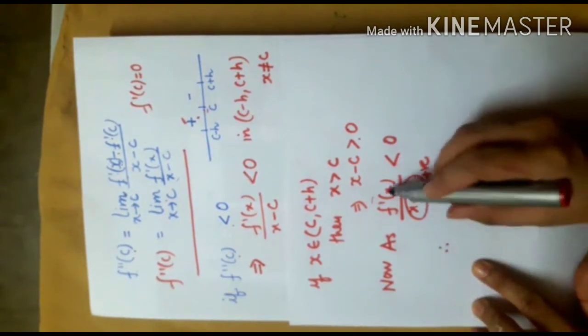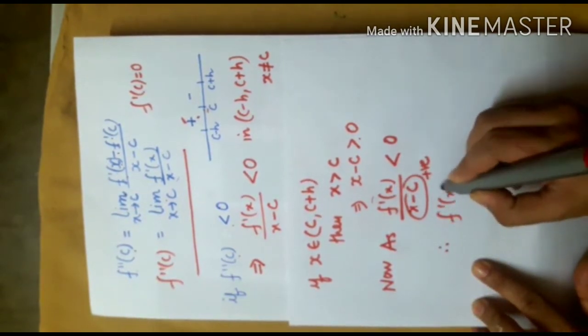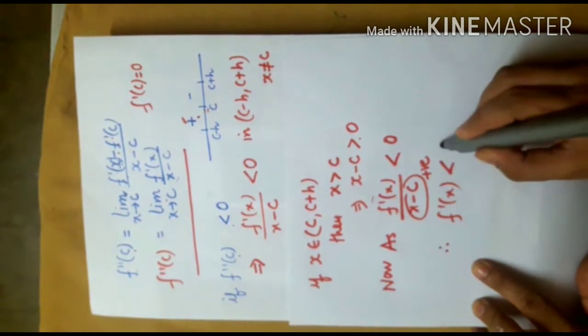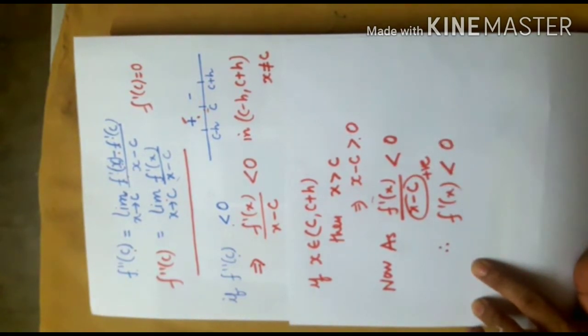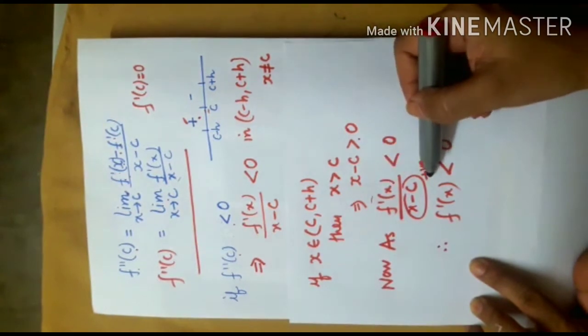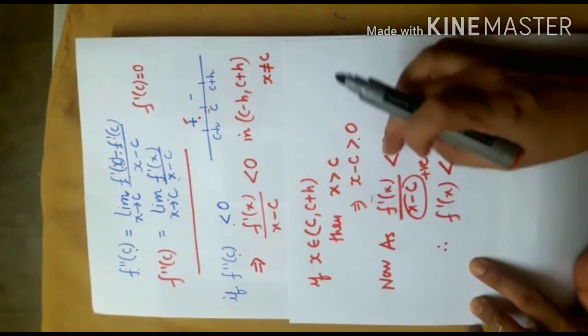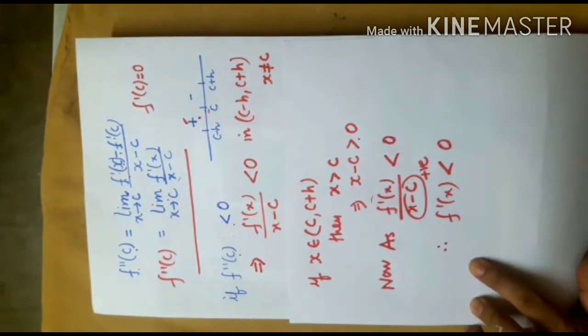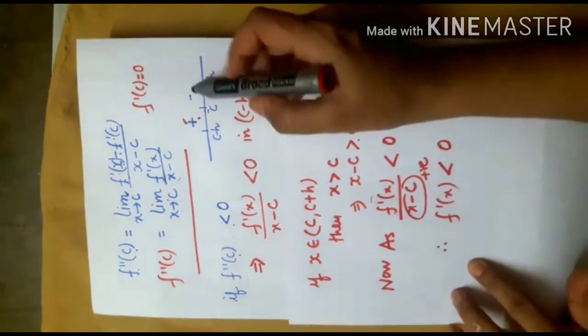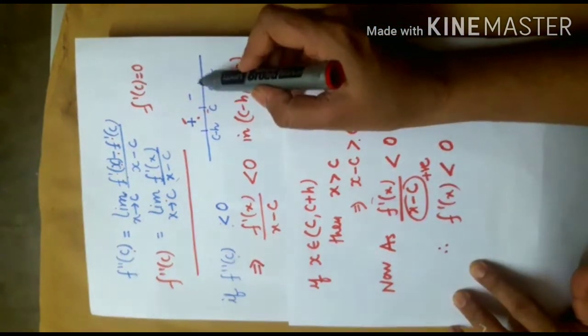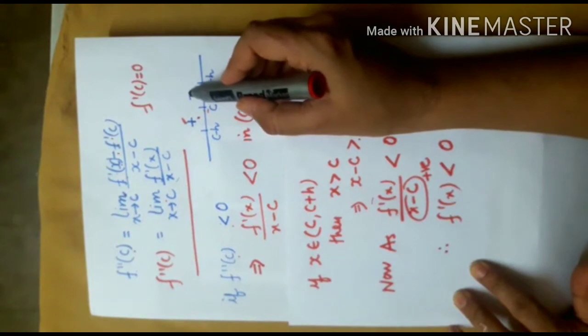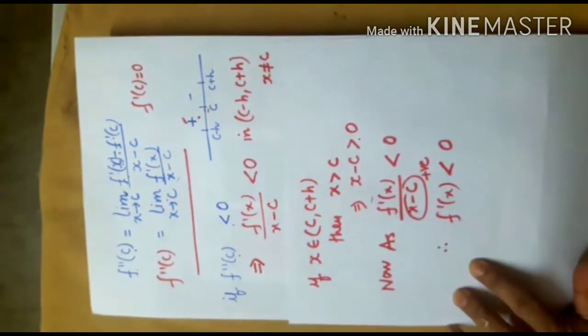So, do you agree that f dash x should be less than 0? Because negative over positive will give you a negative result. So that means when x lies in this part, the sign of the derivative is negative, right?